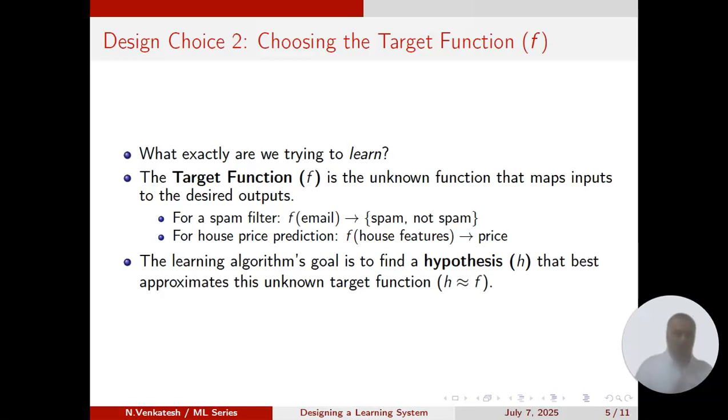So what is the objective of learning? The objective of learning is to find a hypothesis that best approximates this unknown target function, that is close to this unknown target function. Here we are using a term like a hypothesis.